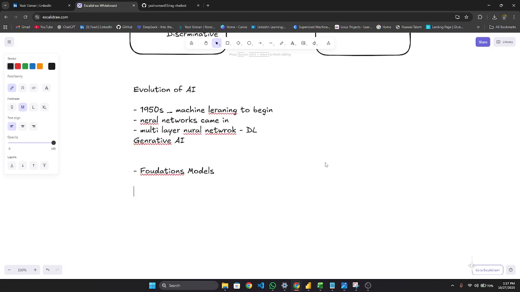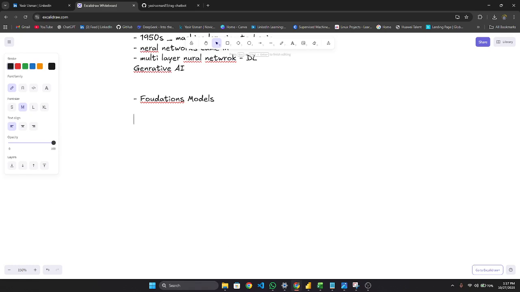For foundation models, we have a broad general-purpose model that can be fine-tuned to our requirement. This term was coined by Stanford, just as vibe coding was coined by Andrej Karpathy. Coined means who first introduced the term.